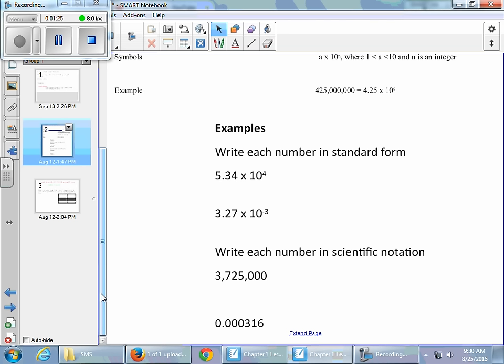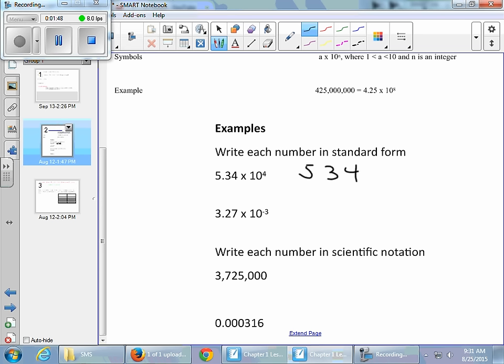Write each number in standard form. Standard form is everyday writing. So we're taking a scientific notation and putting it into numbers you normally see. So 5.34 times 10 to the 4th. What we're going to do is take 5, 3, and the 4.